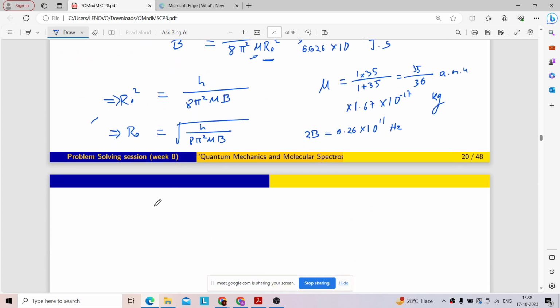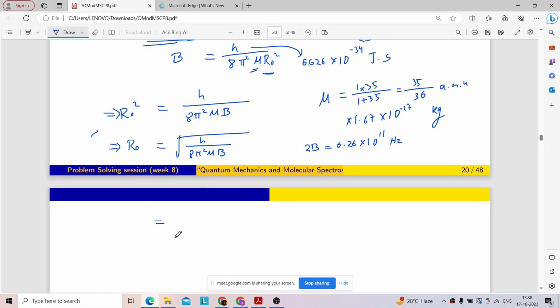Now I have the h value, 6.626 times 10 to the power minus 34, divided by 4π².